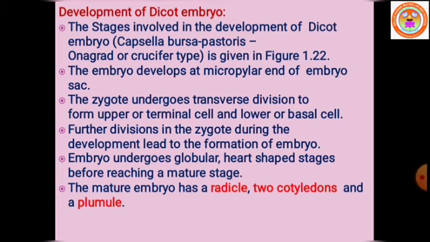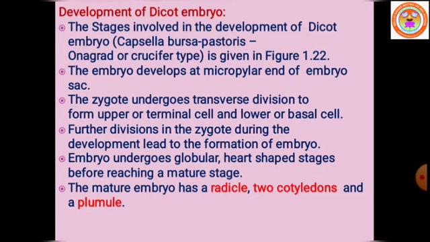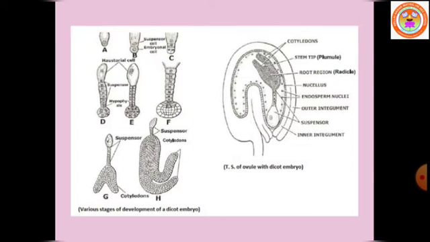The second vertical division, which is at right angle to the first one, takes place in the terminal cell, forming a four-cell stage called quadrant. So you can see the four-cell stage in quadrant.